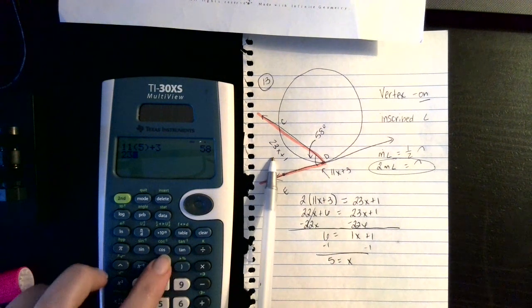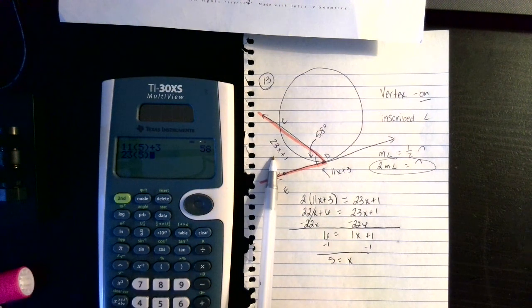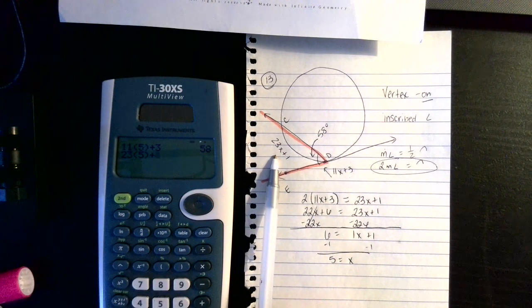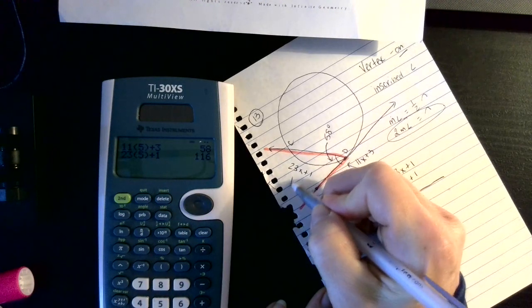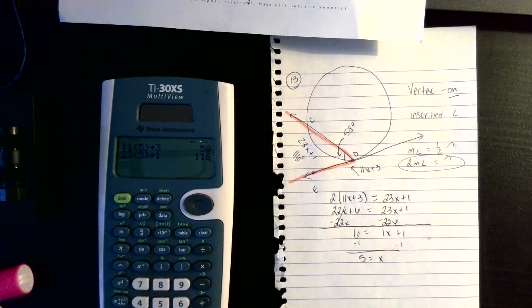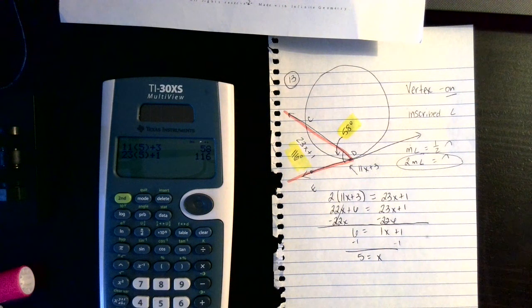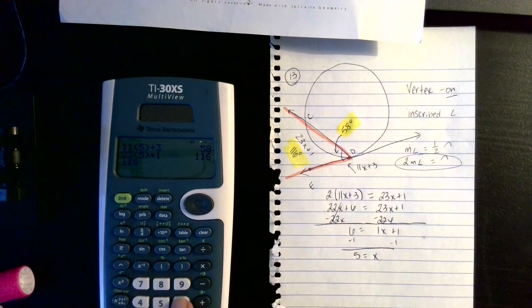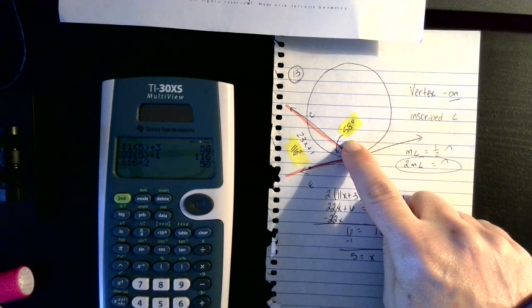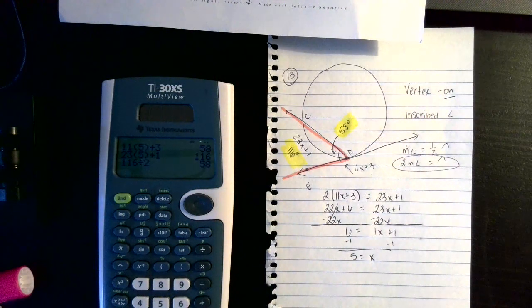For my arc, I have 23 times x, which I'm going to use as 5, and then a plus 1, which would be 116 degrees. So my angle is in fact half my arc. So 116 divided by 2 will give me my angle measurement of 58.